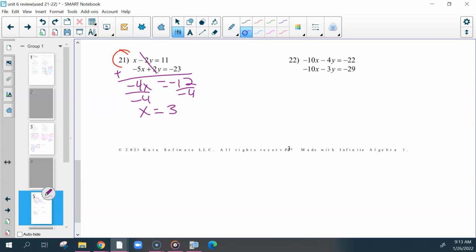Then we can put our x value into any of our equations to find our y value. Let's do this first one. 3 minus 2y equals 11. Subtract 3 on both sides, and divide both sides by negative 2.